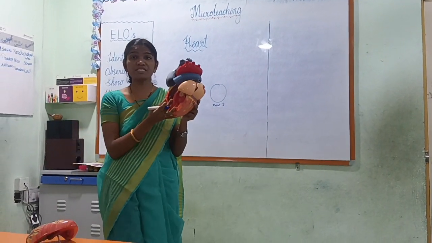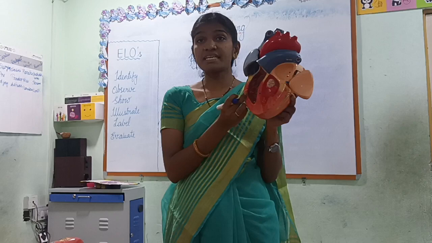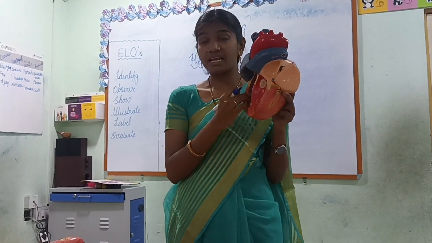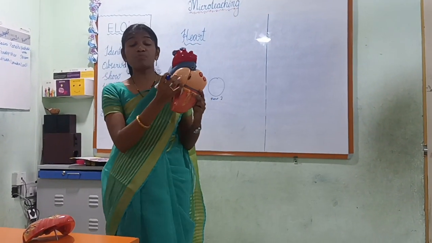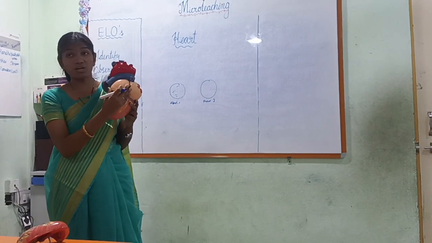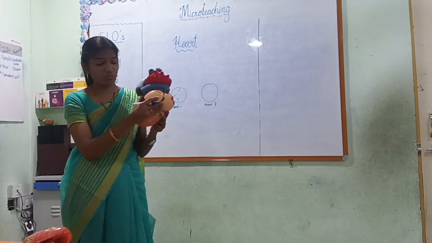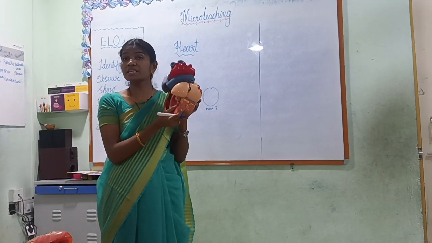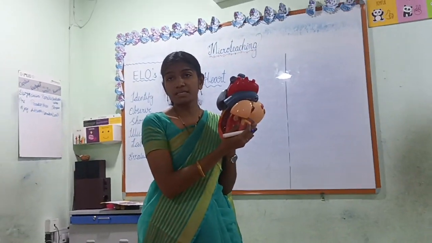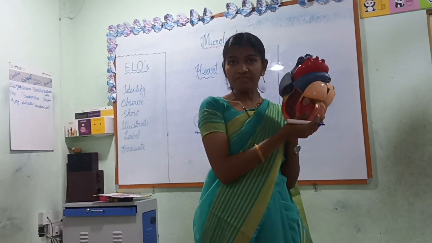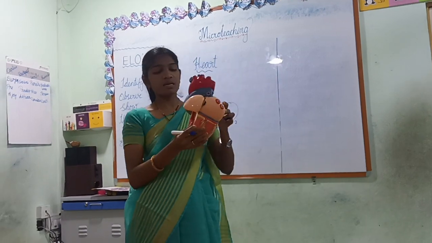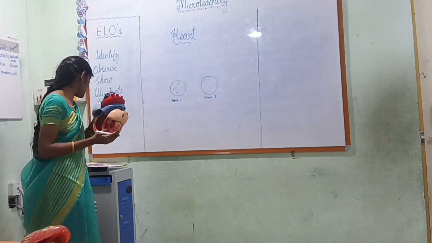And the lower chamber of the right side is called the right ventricle. Similarly, the upper chamber of the left side is called the left atrium, and the lower chamber of the left side is called the left ventricle. These are the 4 chambers.